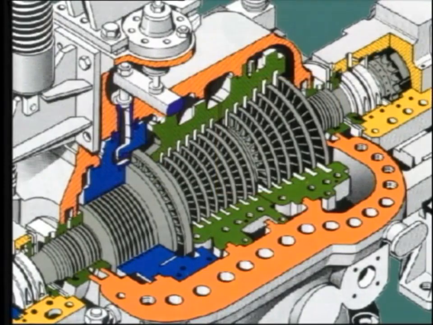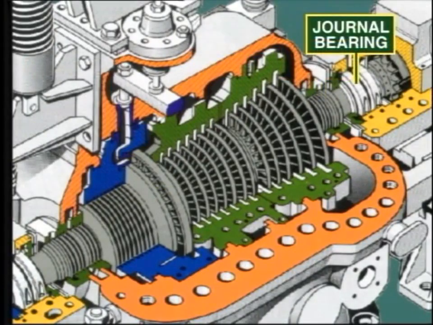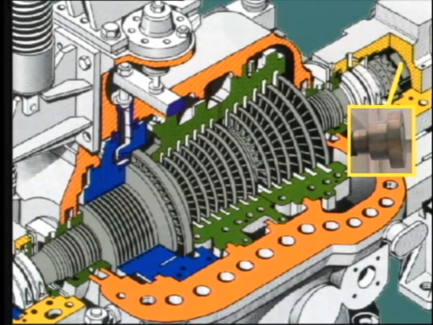Now, continuing our examination along the length of the rotor, we come to the low-pressure end gland seal. This is at the interface between the casing and the rotor. Just on the outside of the casing is fitted the low-pressure end journal bearing. At the very end of the shaft, we find the coupling, which is used to join the turbine and generator rotors.